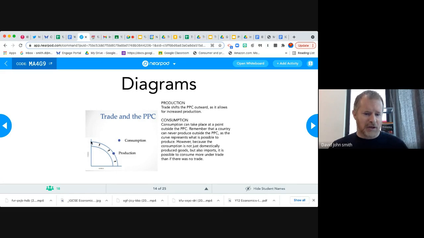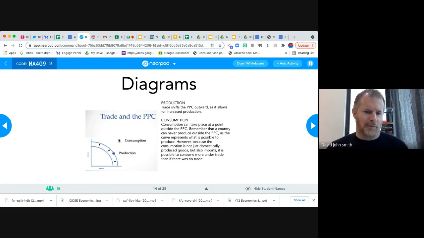When we specialize, we end up at the extreme end, either of these two, depending which one we specialize in. We're producing however many that is, so that might be 1,000 units of this. Because we don't consume domestically all 1,000, we might only consume half that. So we have half of it to trade, and we sell half of it, and that allows us to gain a quantity of good B.